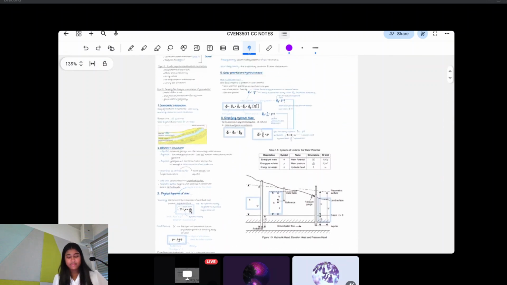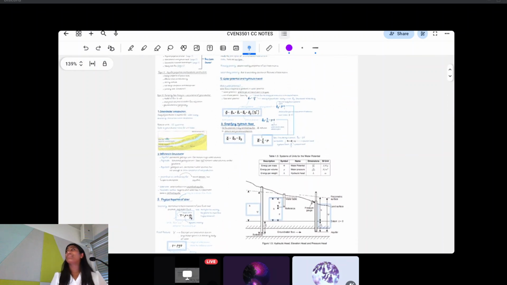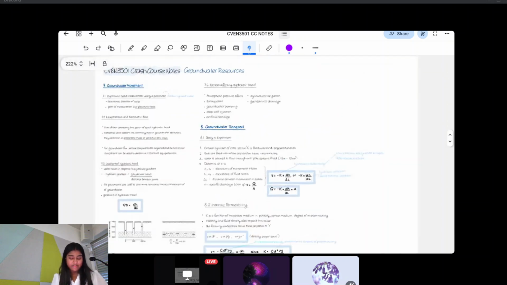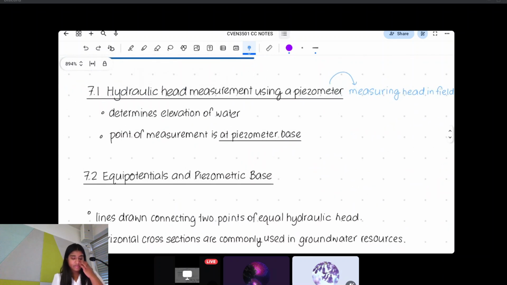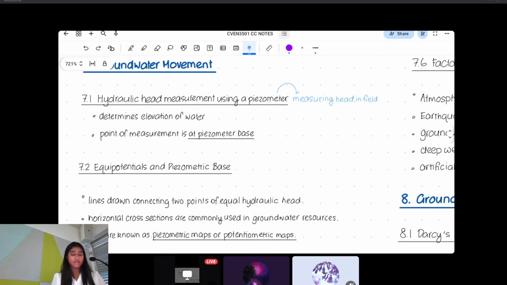Okay, so that was a very, very brief overview of the physical properties of water. Now we're actually going to go into groundwater movement and groundwater transport. So basically applying those terms to figure out how groundwater is moving underneath us and how we can track its transport as well.